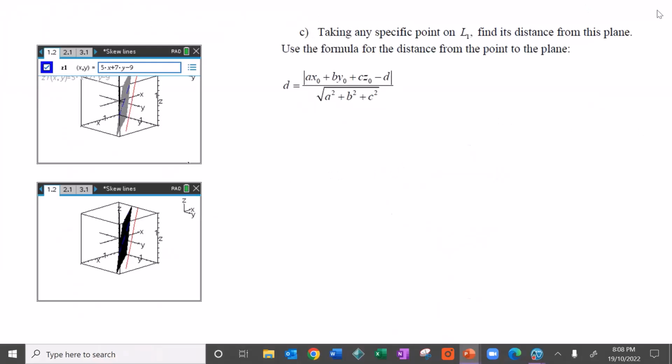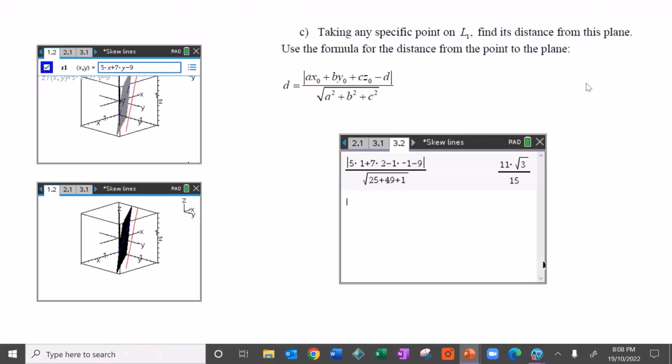Now, the next part in this investigation, I said, what if we want to find the distance from the point on the line or the distance between those two lines? So we can take any point on this line and find the distance from the Cartesian plane.